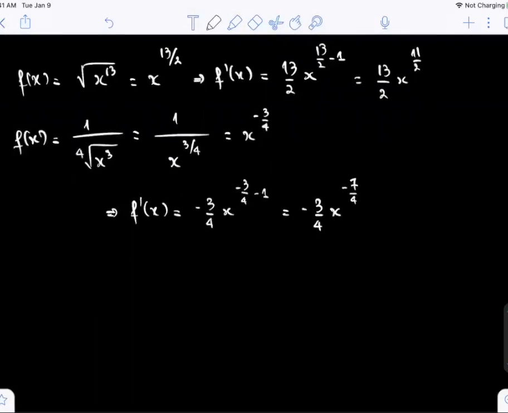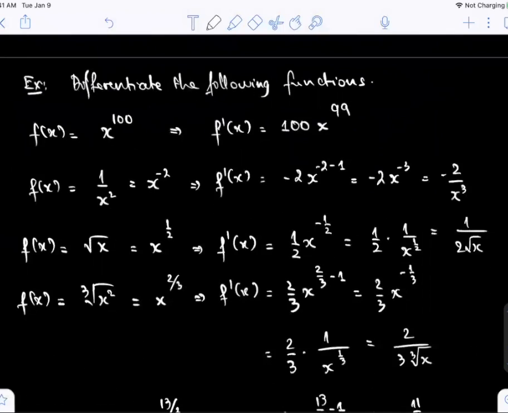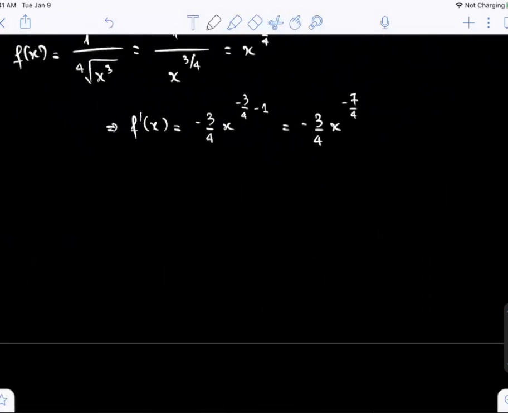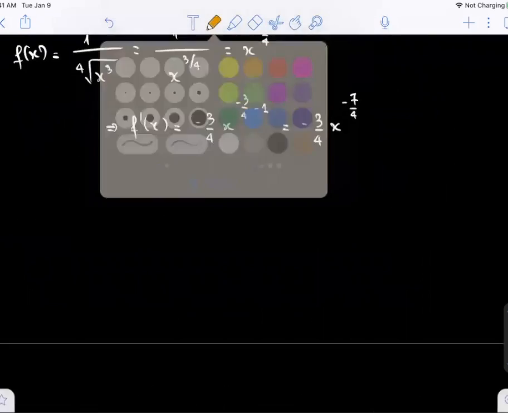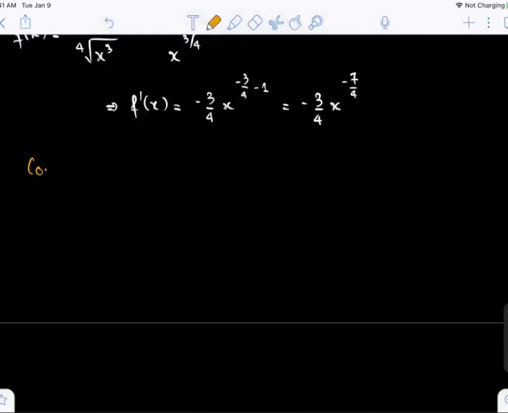All right, so we look at power rule. We've done some examples related to using power rule. Let's move on to the next formula. This is the constant multiple rule.